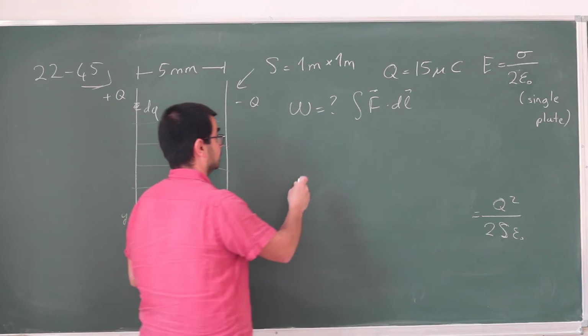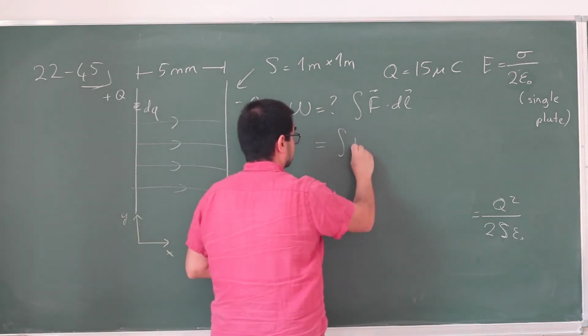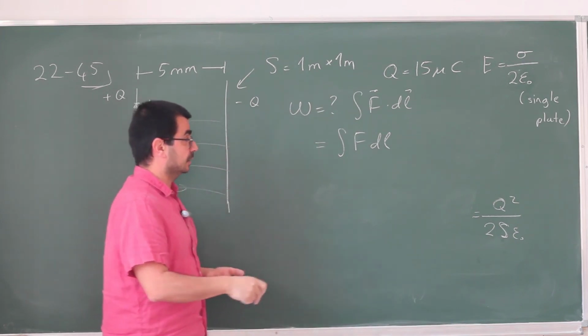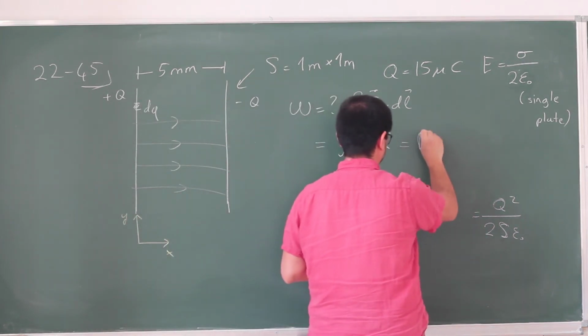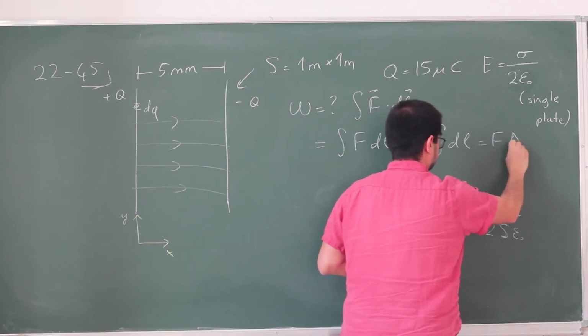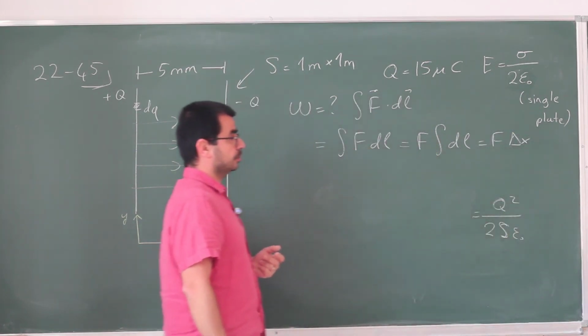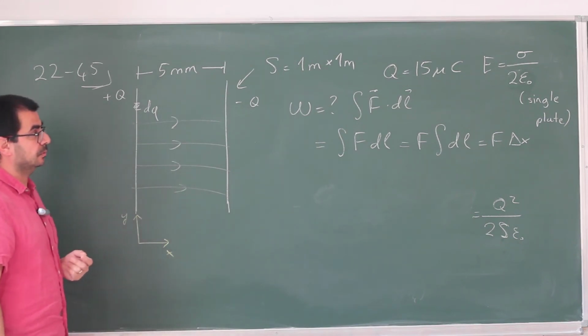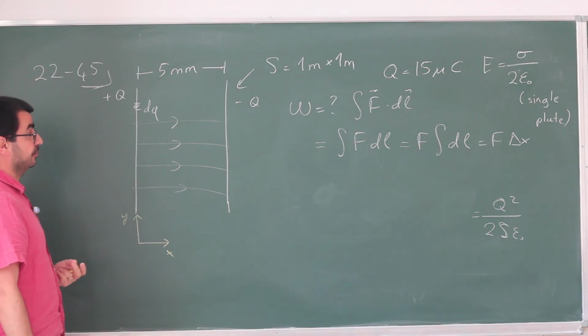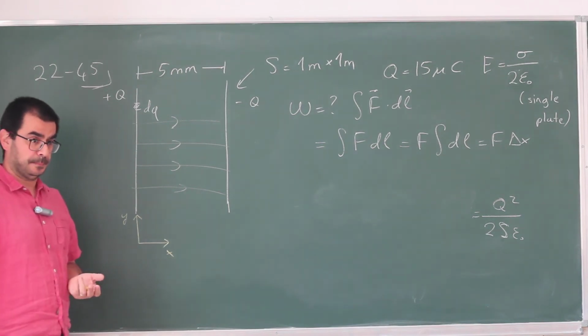So if the force and displacement are in the same direction, then this dot product becomes a simple product. And if the force is constant, I can take it out of the integral. And then this just becomes F delta x, right? Something you probably remember from Physics 105. Right? And that F is over there, that delta x is just 5 millimeters, and this is the work done.